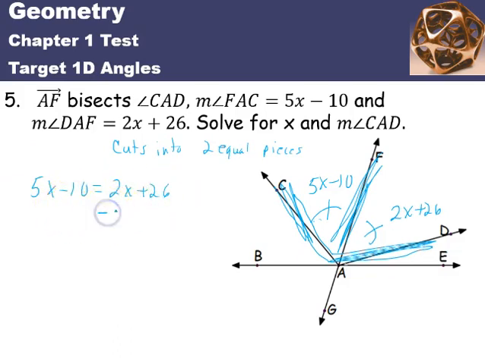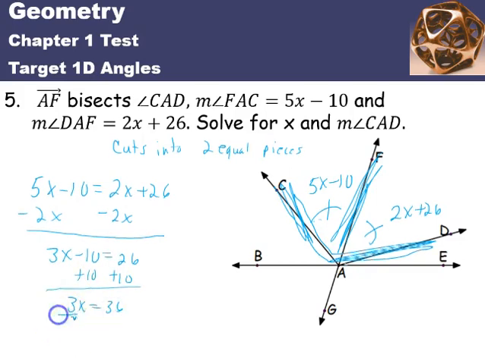And to solve this, I'm going to subtract 2x, and I get 3x minus 10 equals 26, add 10, and I get 3x equals 36, divide by 3, and I get x is 12. So we found x, but it also said to find the measure of angle CAD.